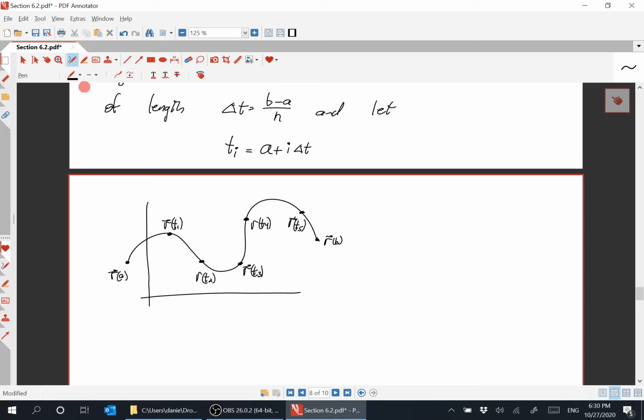Now, how did we approximate the curve before? We used these line segments, which we could do here again to approximate the curve. Intuitively that's the clearest thing.